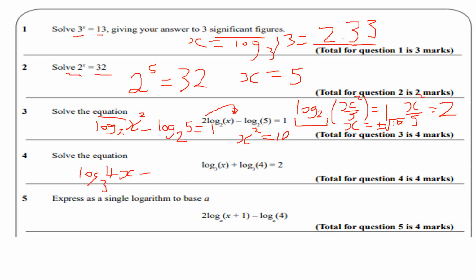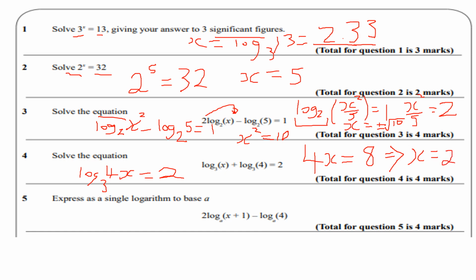Then if I take 3 to the power of each side, because that's the opposite of log to the base 3, if I take exponentials of both sides, then I'm going to have 4x is equal to 2 cubed, or 2 to the power of 3. Now 2 to the power of 3 is equal to 8. 2 cubed is 2 times 2 times 2, which is 8. Solving this equation, dividing both sides through by the 4, we get that x is equal to 2, guys.